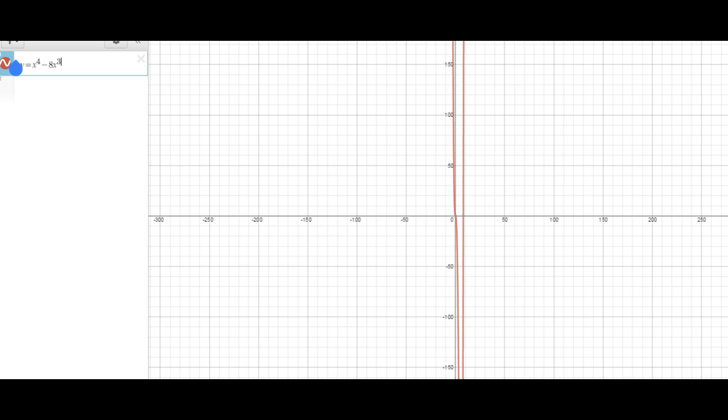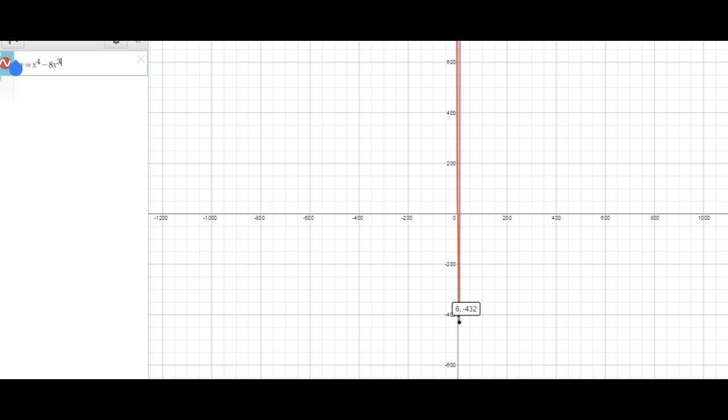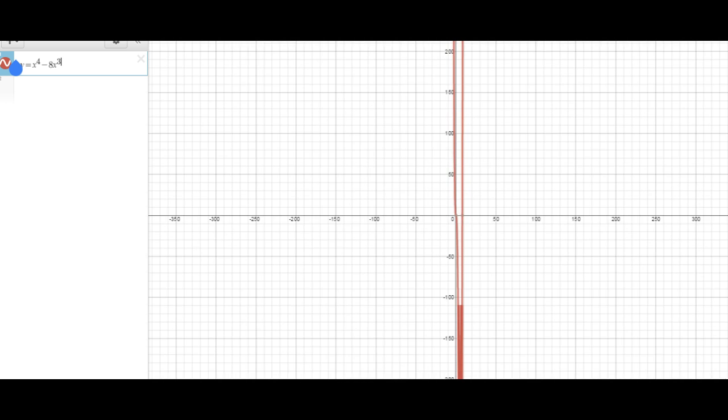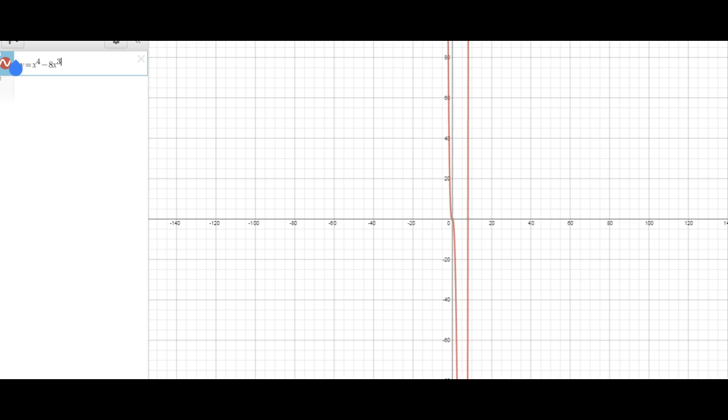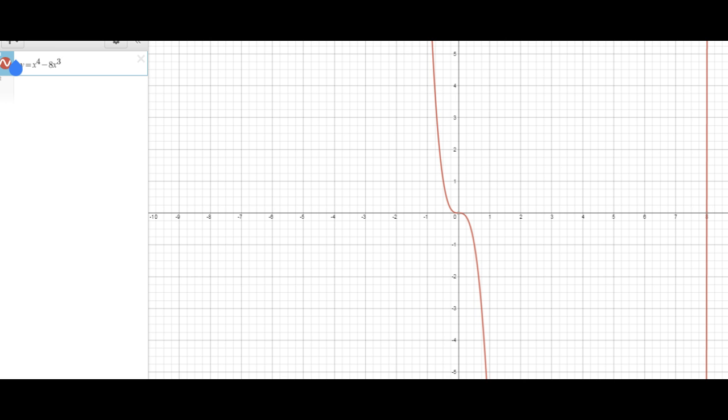All that matters is this: it's at 6 and negative 432. Woohoo! We can do math without a calculator. So it dips really low there. Let's go back to standard. Kind of interesting, it just looks like a cubic there if you don't look at the whole thing.